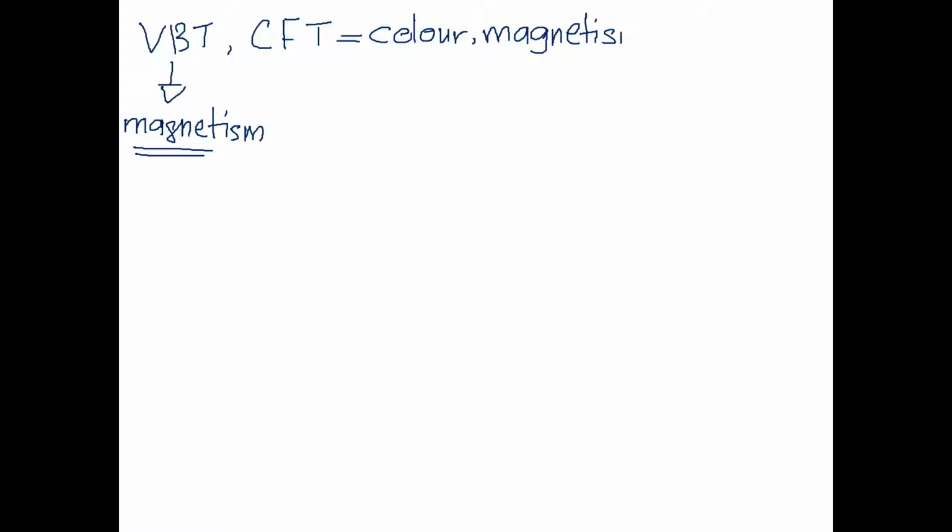Okay, so when you learn with these two theories, you always look up the spectrochemical series. However, you cannot understand or prove why those series exist.